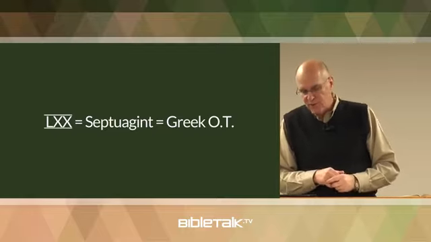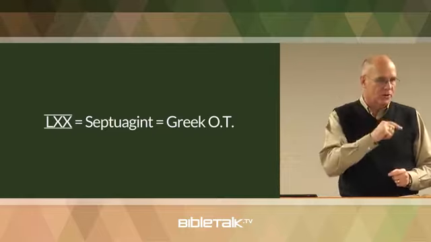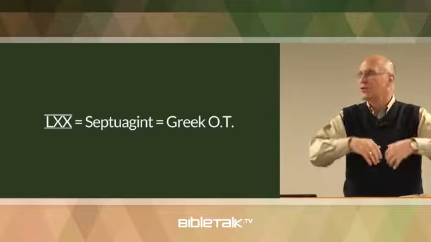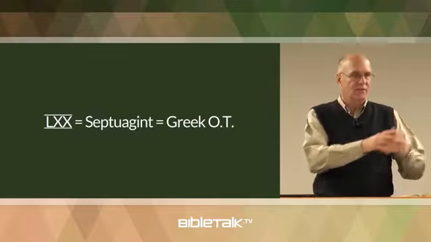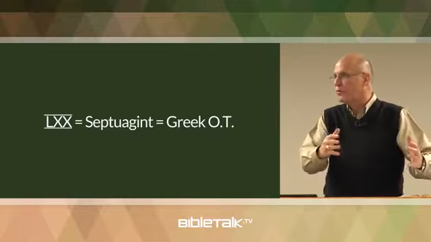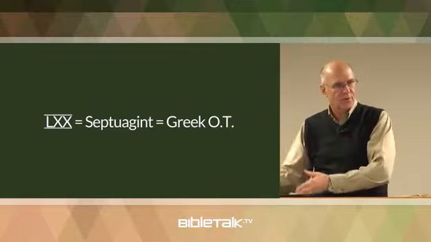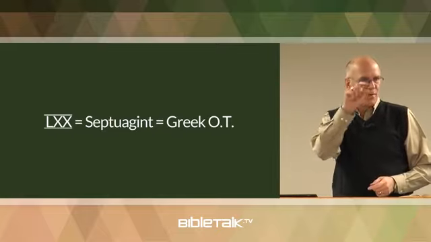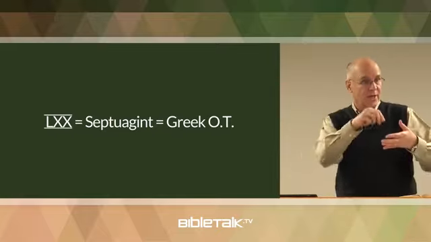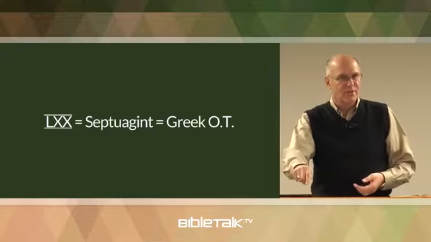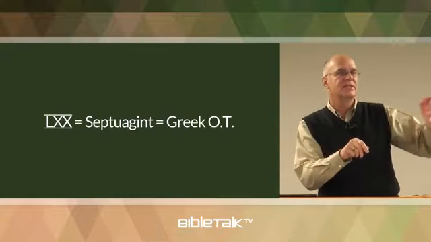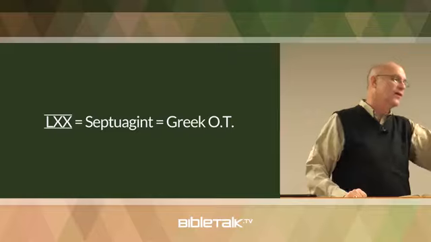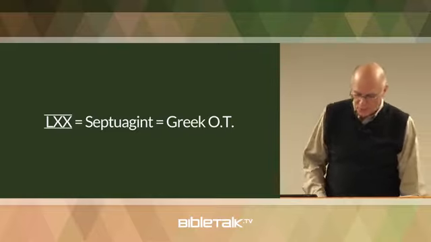And we call it the Septuagint because 70 scholars were brought together to undertake the task of translating the Hebrew Old Testament into the Greek language. And so when you see the Roman numerals LXX, which represent 70, many times, in a text or something, usually what they're saying is this text is from the Septuagint, which is the Greek version of the Old Testament.